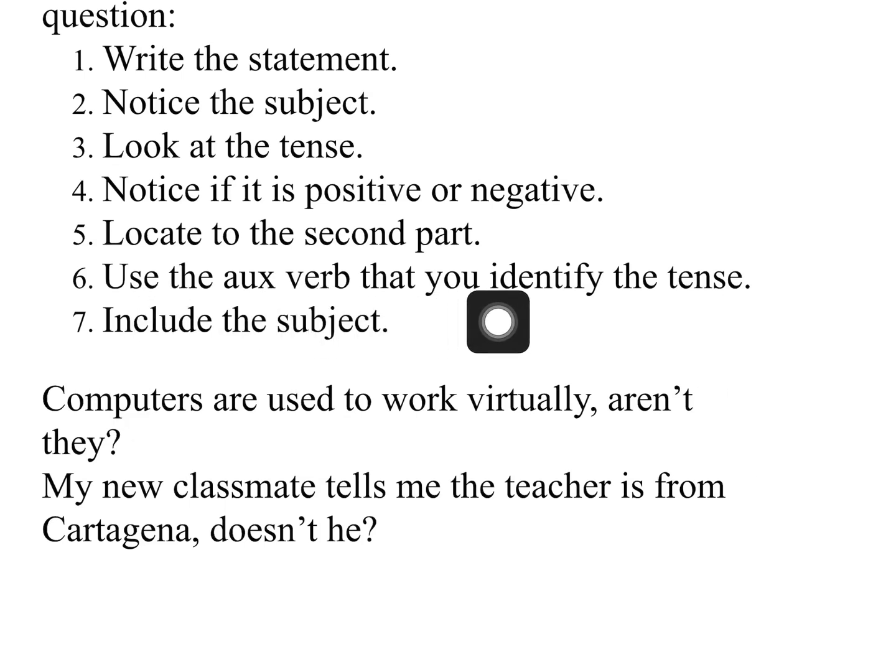And use the auxiliary verb with which you identify the tense, con el que ustedes identifican el tiempo. Here, in present, so we are going to include the subject. So, computers are used to work virtually, aren't they?